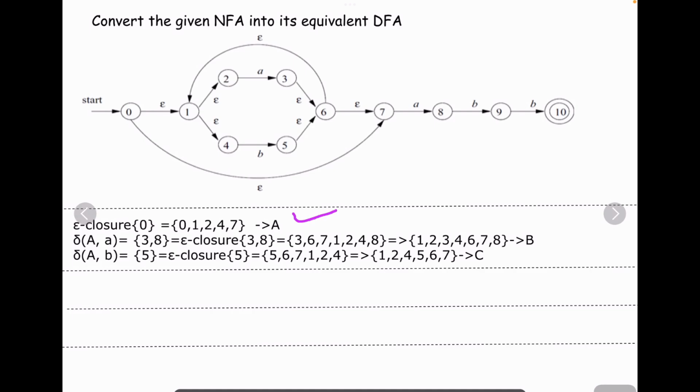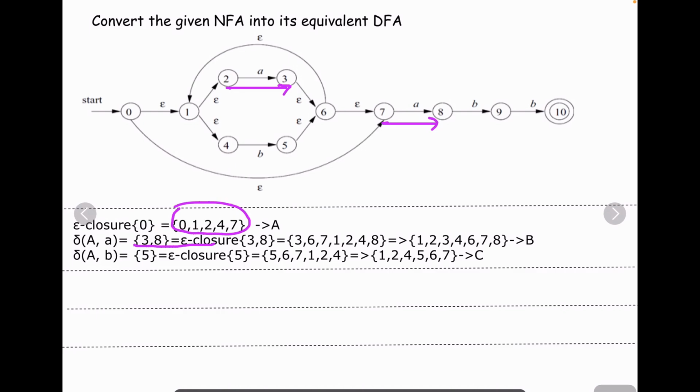For that you have to find the transitions. Delta of A comma a and delta of A comma b, where the inputs are a and b. Delta of A comma a is nothing but where you have the transition in this set: 2 to 3 and 7 to 8. That is the reason delta of A comma a is {3, 8}. For that, again you have to find the e-closure of {3, 8}.